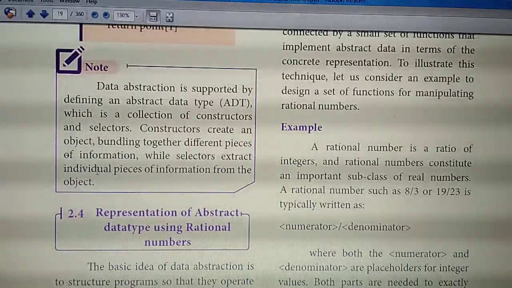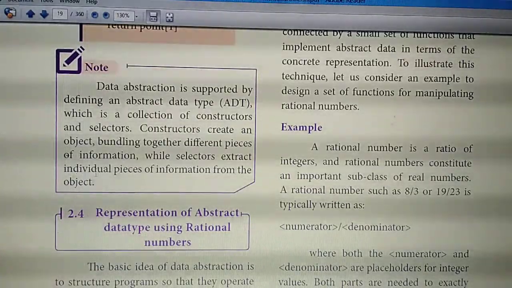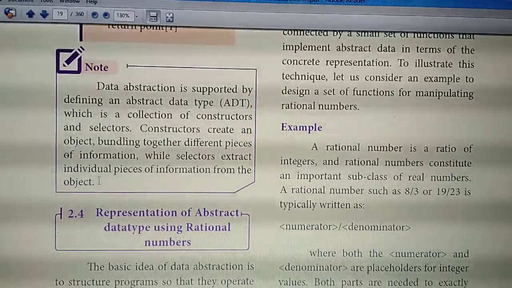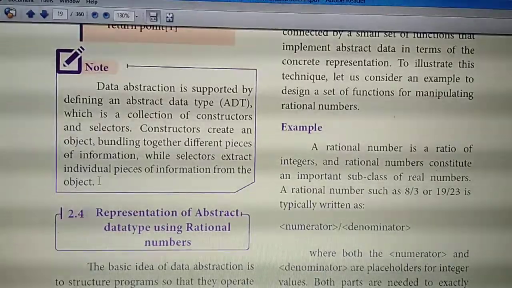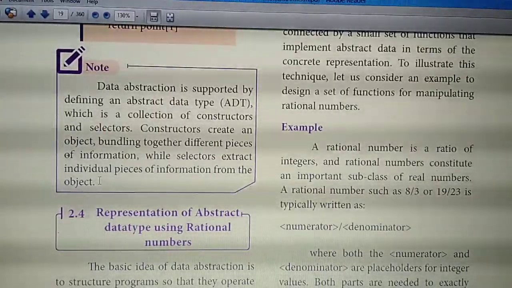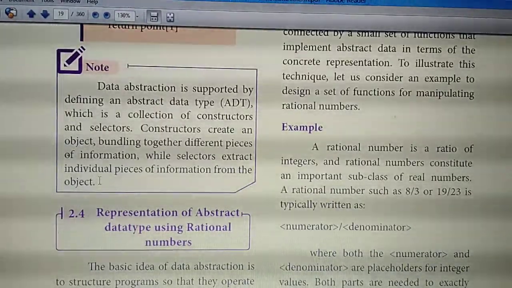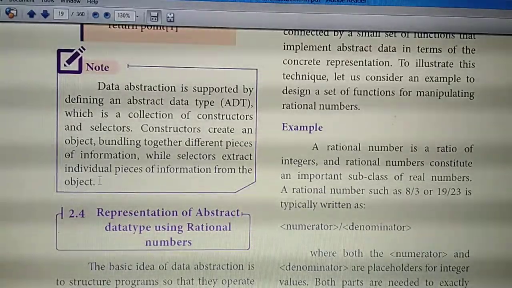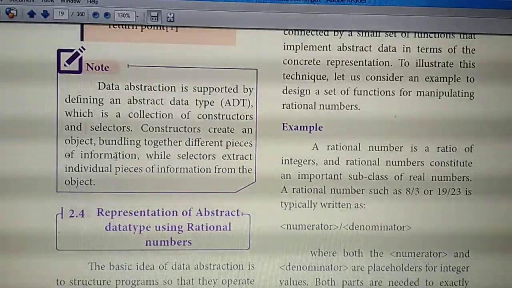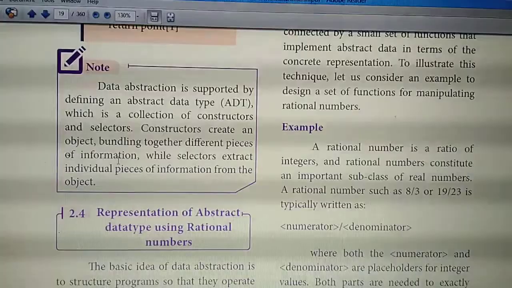Understand? Very important question. Last year they asked 2 or 3 times. Then for selectors, selectors extract individual pieces of information from the object. Afterwards make a tabular column and write on paper. Have you all marked? Understand what I am telling?